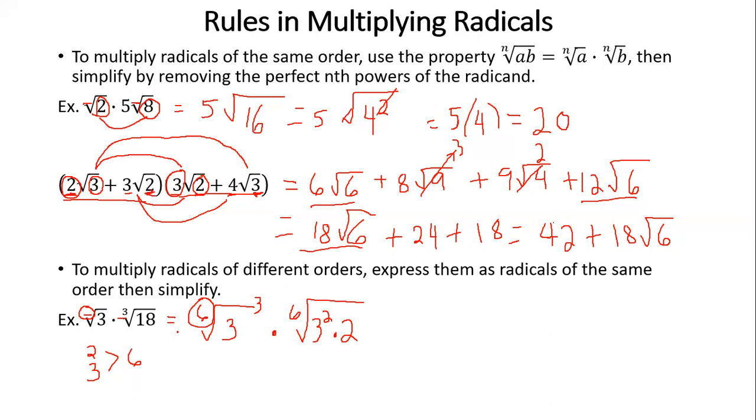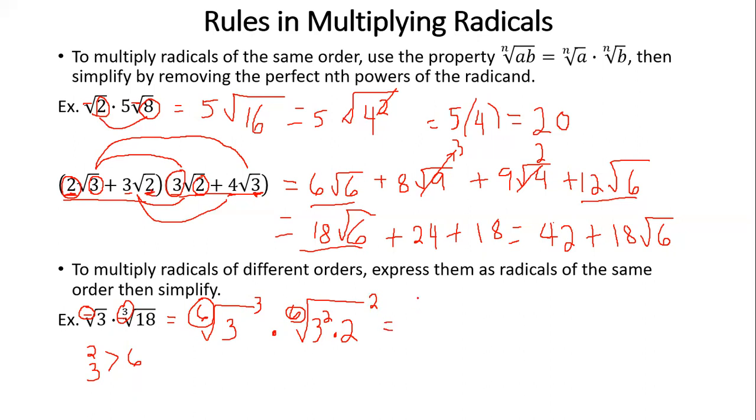Na-transform na natin siya into a radical having the index of 6. So, yan na po yung equivalent ng square root of 3. Dito naman sa kabila, ganun din po, 6 divided by 3. And the answer is 2. So, ilalagay po natin siya dito, squared.